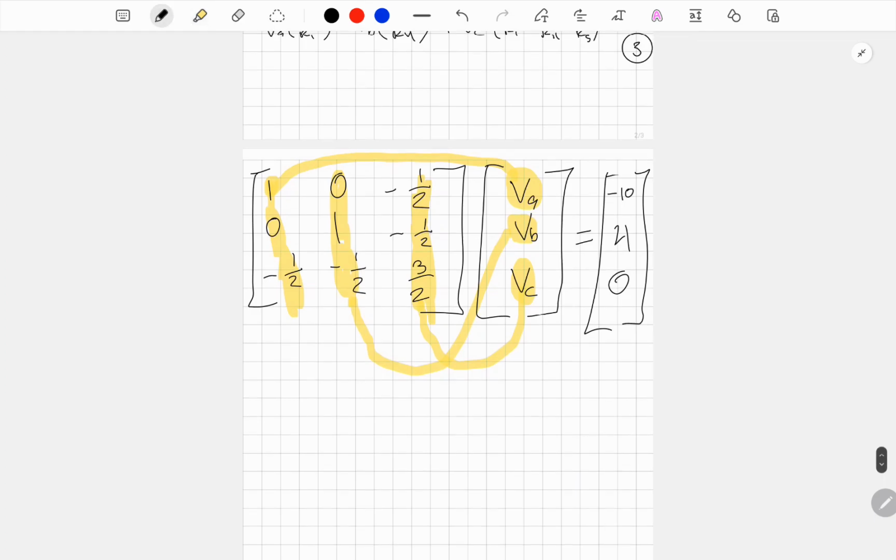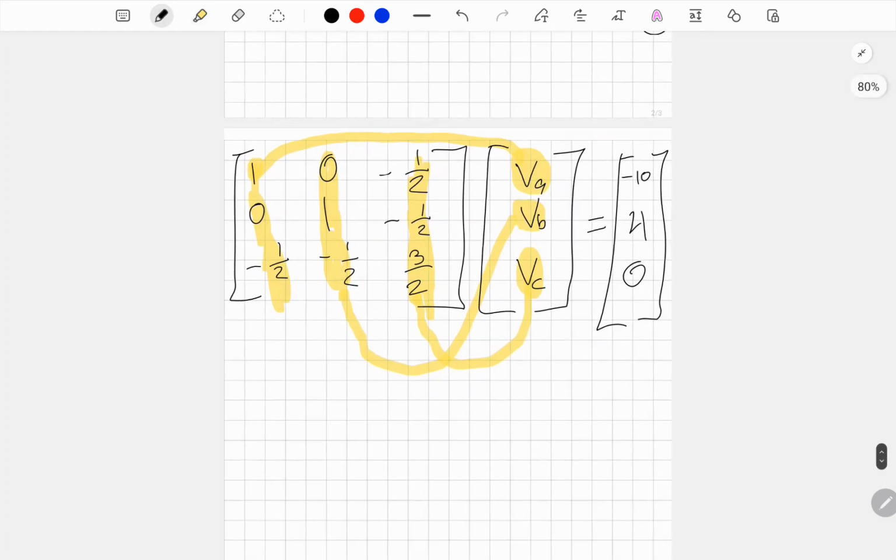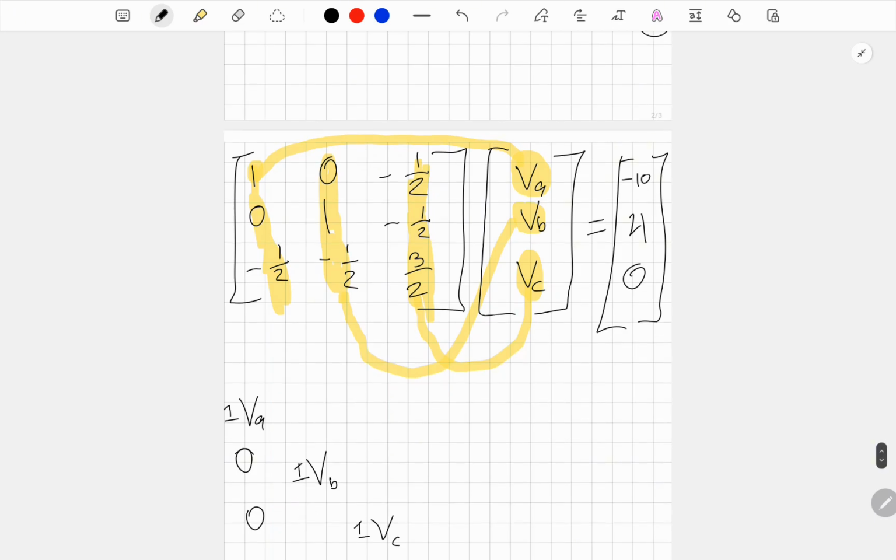So after putting it into my matrix calculator, I am getting VA, VB, VC, and there's ones obviously in front of this. 0, 0, 0, 0. Sorry, I put too many zeros. 0, 0, 0, 0.